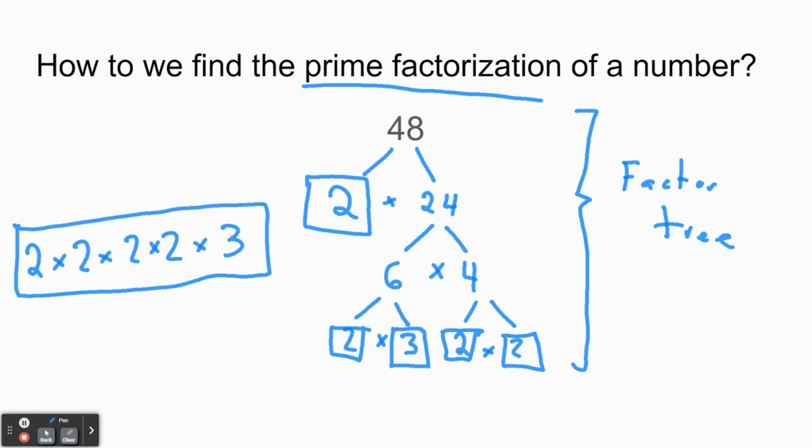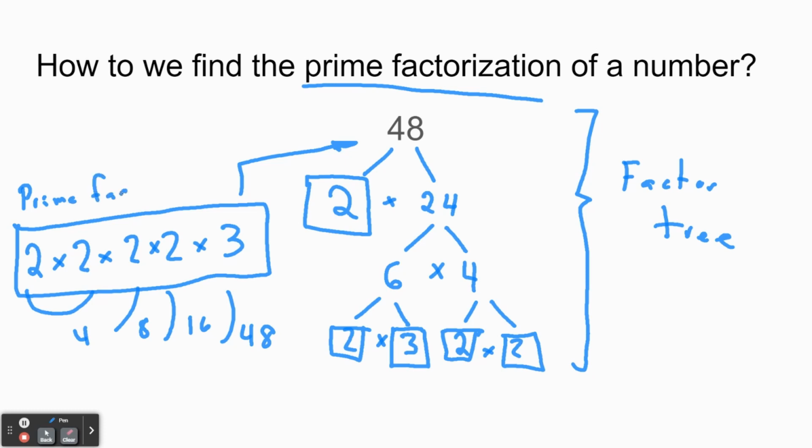Every single number in here is a prime number, and if we multiply all these together, so we get 4 there, we'd get 8, we'd get 16, if we multiply that by 3, we get 48. If we multiply all these together, it should give us our original number. So this thing is the prime factorization.